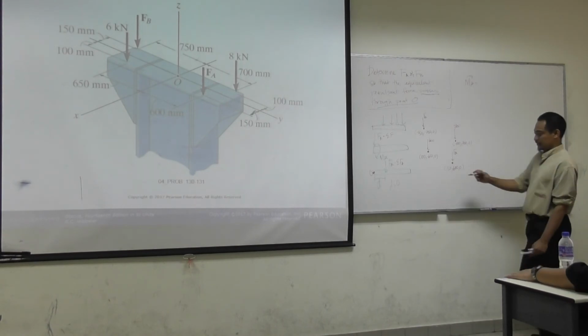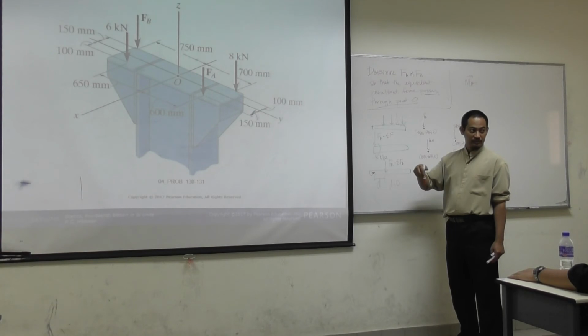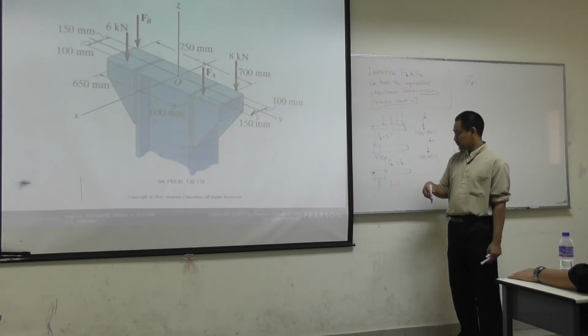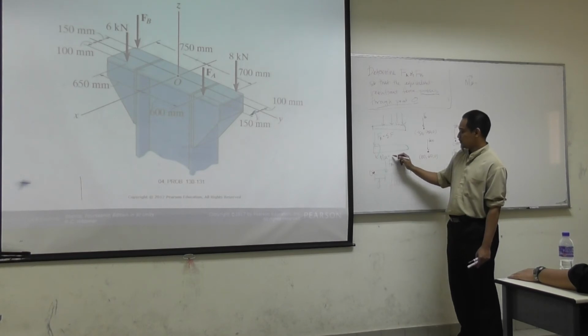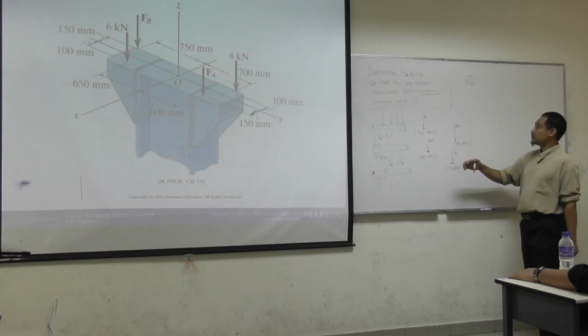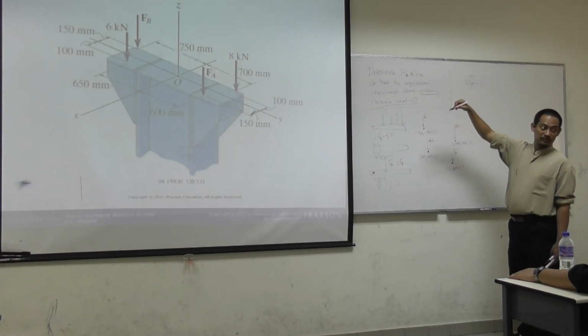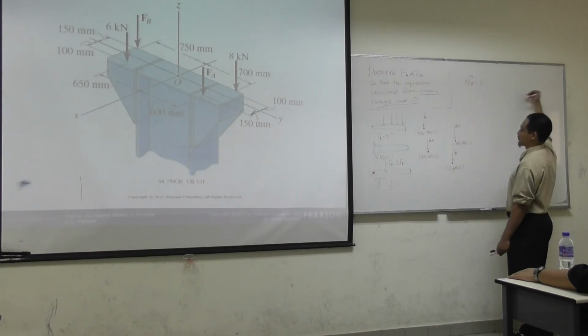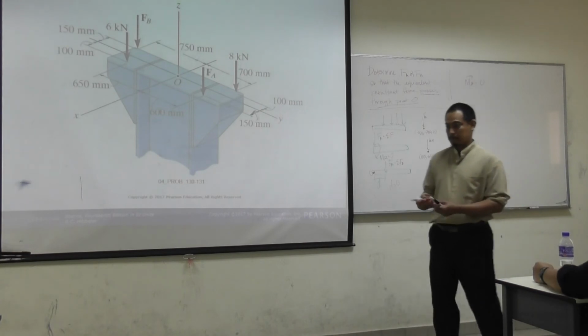So if in 3D FR goes past point O, then what does it mean? If this is 0, MR is 0, right? So the same goes with this one. So if you understand that, MR should be equal to 0, right? So then you express everything equal to 0, then you can solve what is FA and FB.